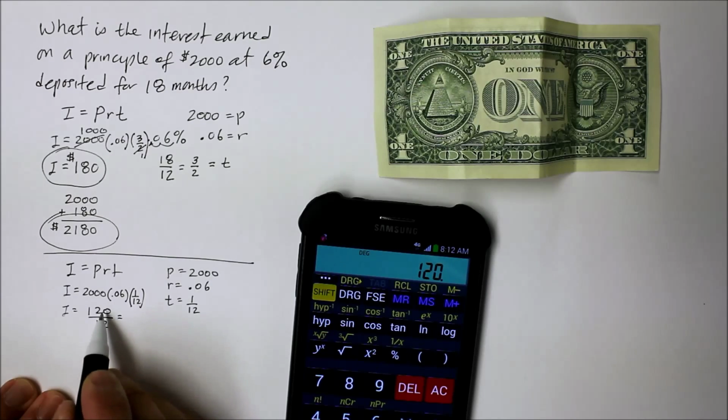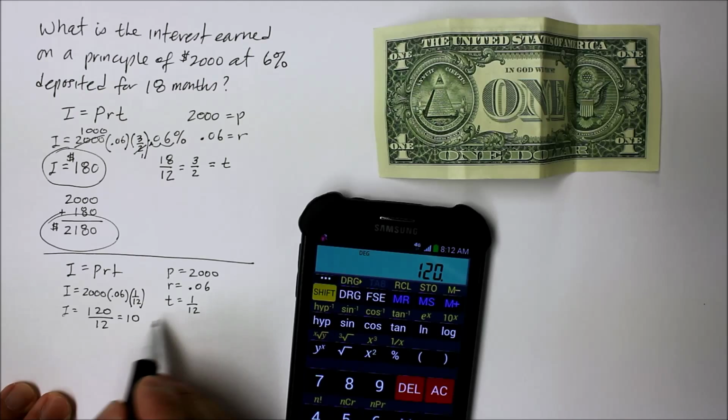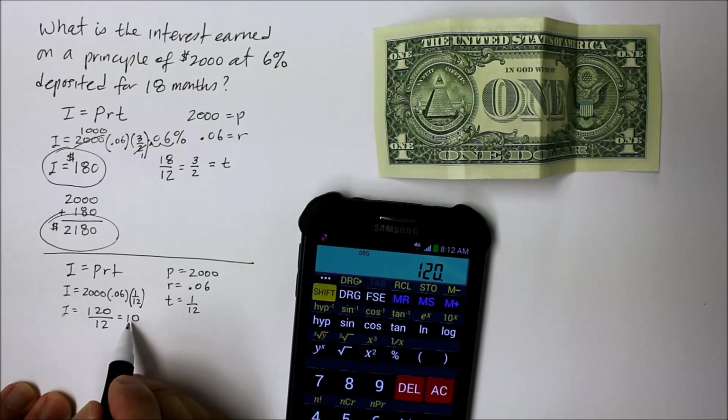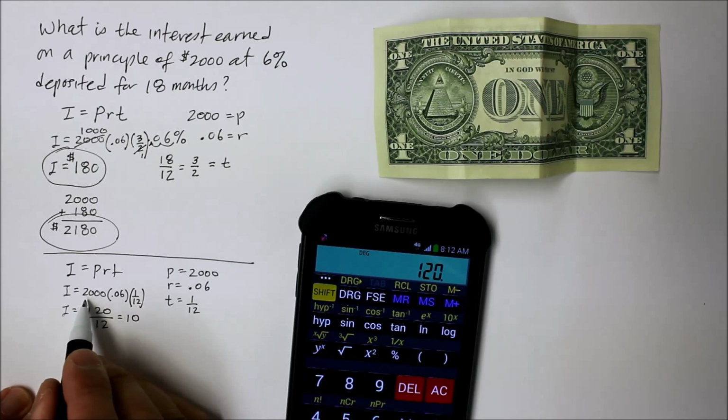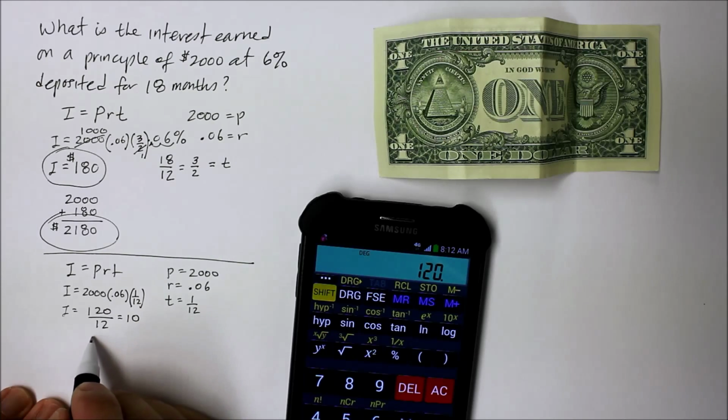Oh, it's a factor of 10. So 12 goes into 120 10 times. So the interest earned in 1 month is $10. At the end of that 1 month, it will be the principal, $2,000, plus the interest earned, so that's going to be a $2,010 balance.